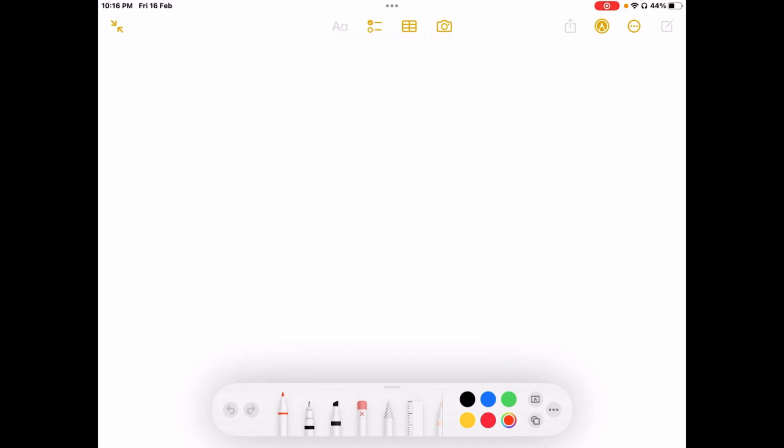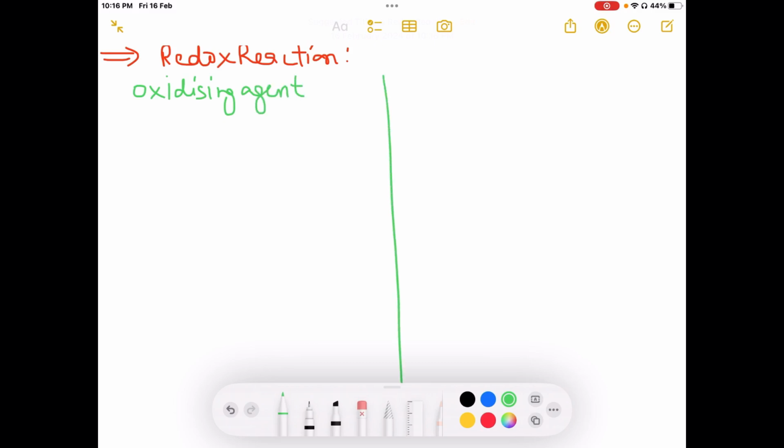As I already told you, potassium dichromate acts as an oxidizing agent. So a redox reaction takes place with potassium dichromate. In a redox reaction, one of the components gets oxidized and the other gets reduced. In this case, the oxidizing agent is potassium dichromate, and the other component behaves like a reducing agent.